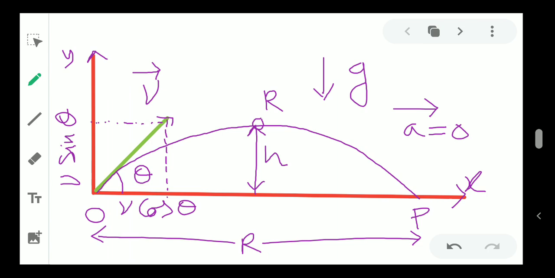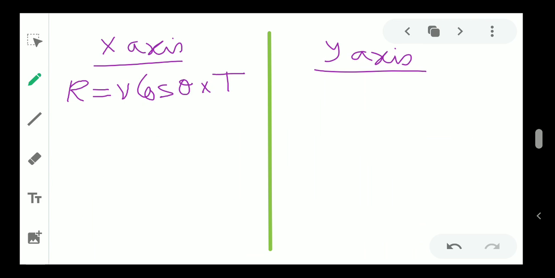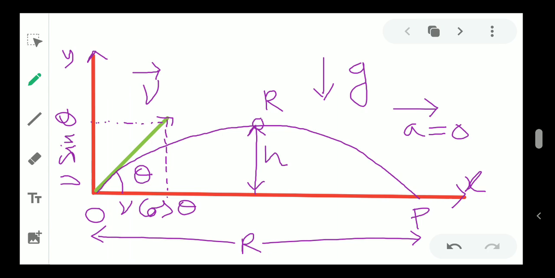Let us first write v, that is my final velocity. Now you tell me what is the final velocity when the missile is at R? Once the missile is at R, it is not going further up, but it is going down.